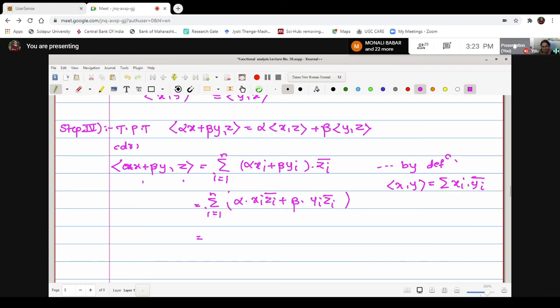The scalars alpha and beta are independent of i. Therefore, we can take them out. We will separate the summation over addition also. Let us do both the steps simultaneously. Therefore, I will write this as alpha times summation i equal to 1 to n xi zi bar plus beta times summation yi zi bar, i equals 1 to n. Right?